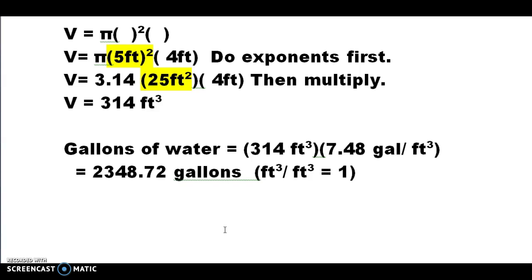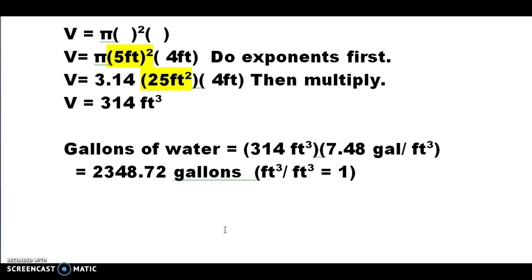And then I need to know how many gallons I have, so I'm going to multiply that by 7.48 gallons per cubic foot. So when I do my multiplication, I have 314 times 7.48, which gives me 2,348.72. And I have feet cubed times gallons divided by feet cubed.